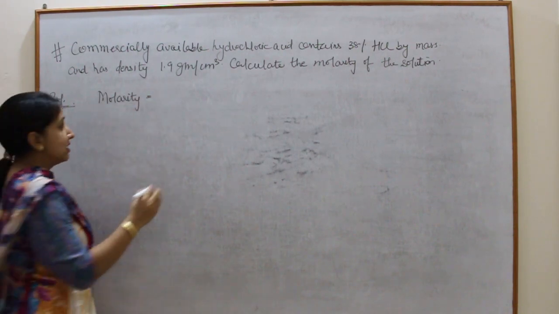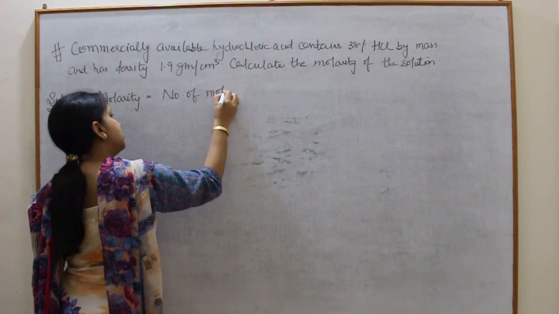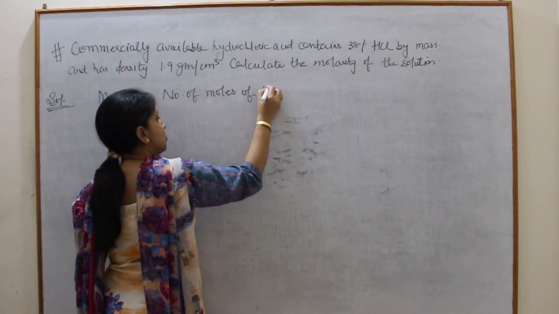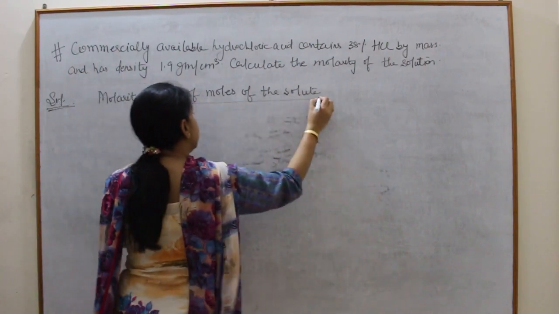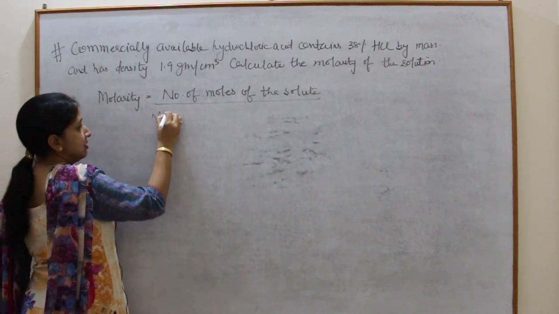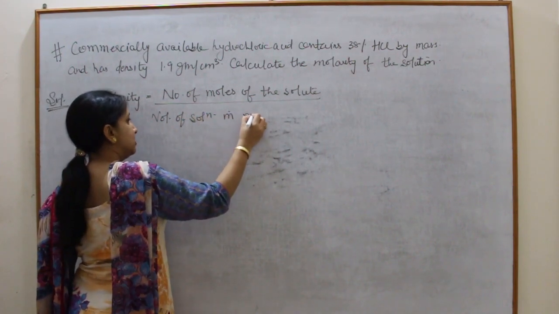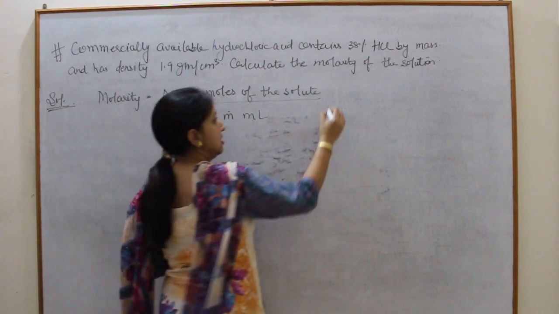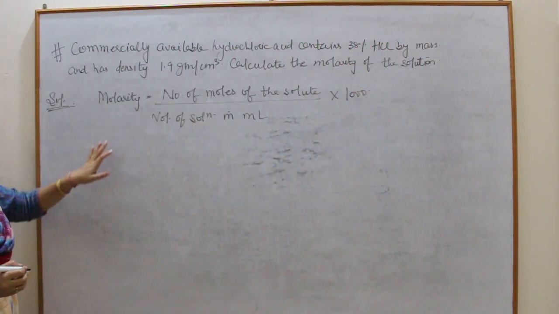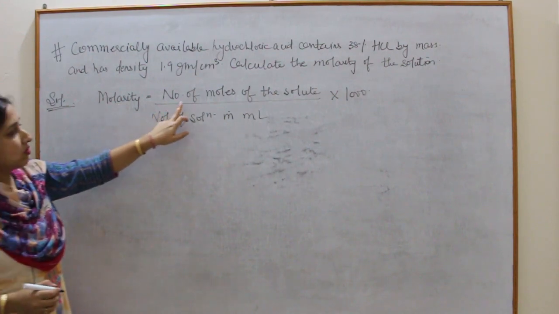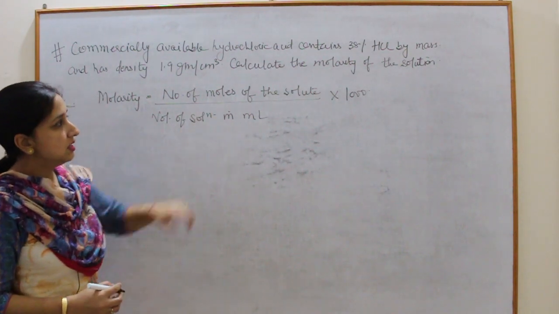Formula for the molarity is, it is equal to number of moles of the solute divided by volume of solution in milliliters multiplied by 1000. So for calculating the molarity, we require number of moles of solute as well as volume of the solution.